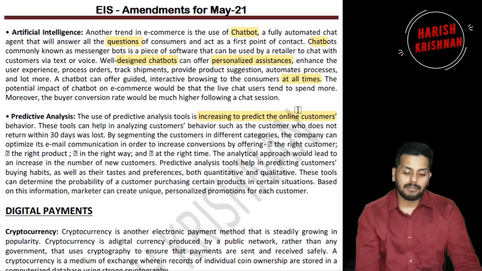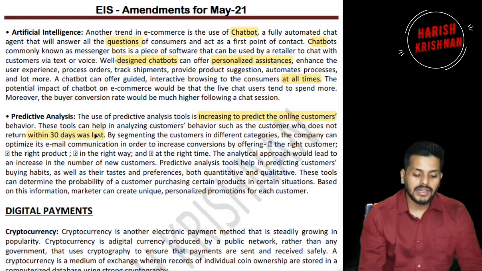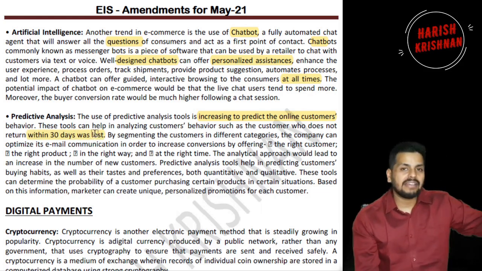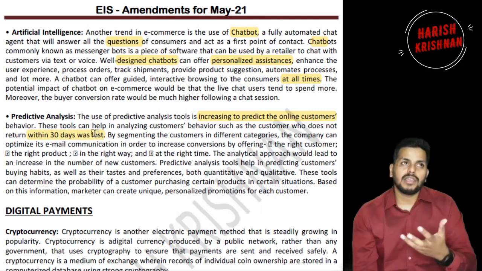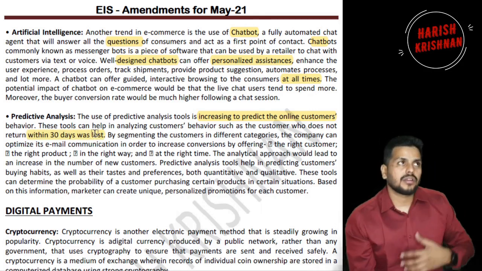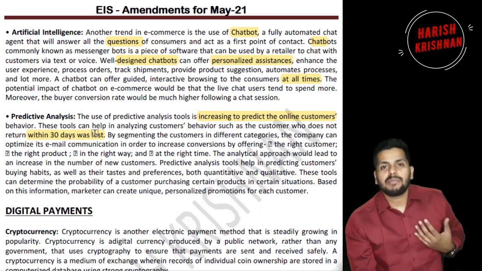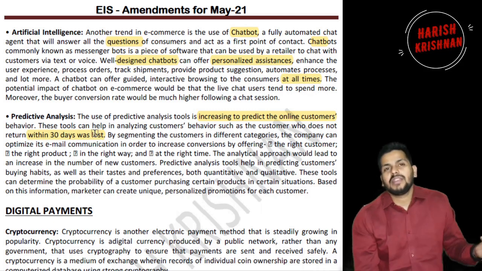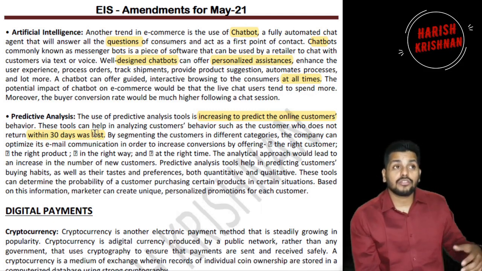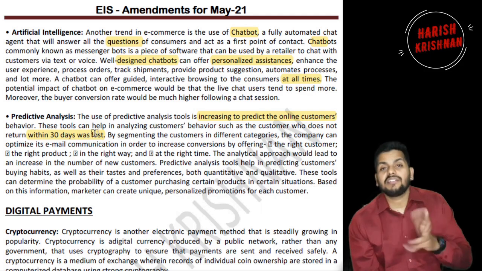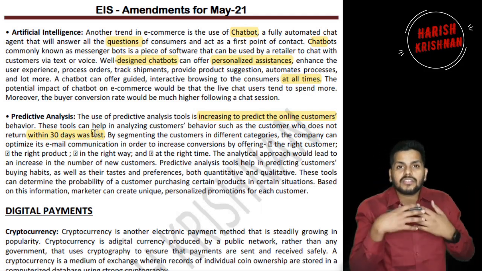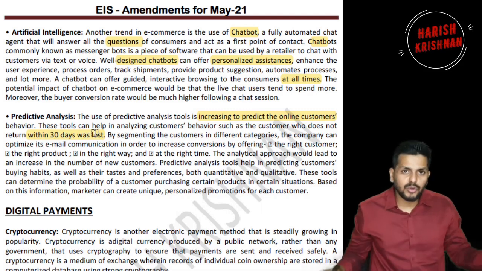Okay. The use of predictive analysis tools is increasing to predict the online customers' behavior. The tools help in analyzing the customer's behavior, like who does not return within 30 days, like a very genuine customer, always but he never returned. Now if you open my Amazon buys or Myntra buys, generally when I buy something, hardly I have returned it twice or thrice, maybe sometimes there are situations where in one full year I've never returned anything. So I ordered something, I got it, I used it, so very less return. So customers like me are very fruitful for them.